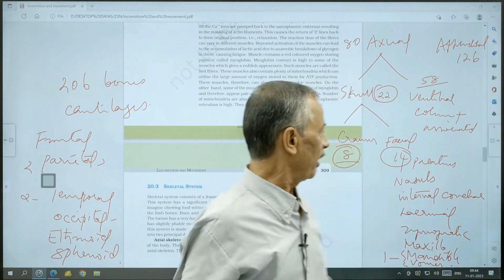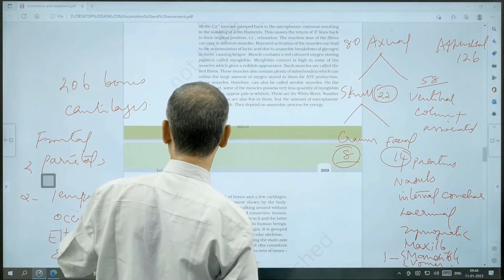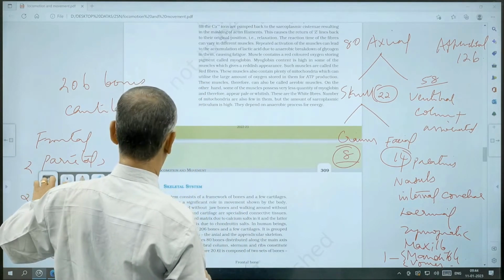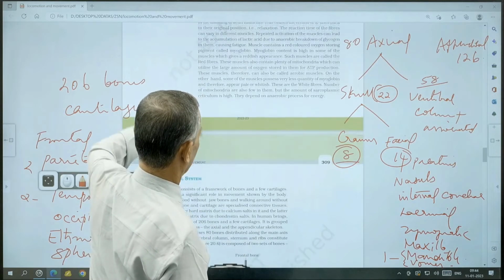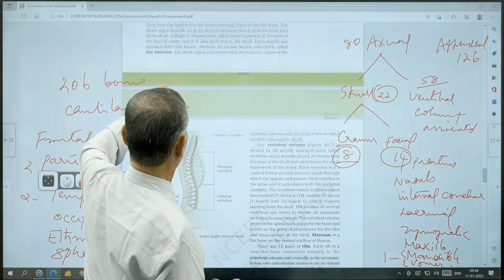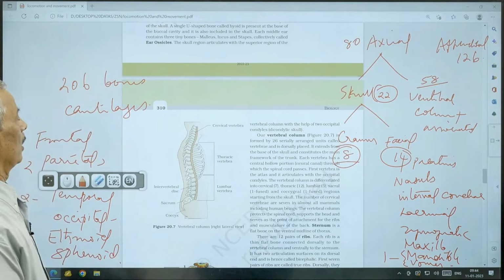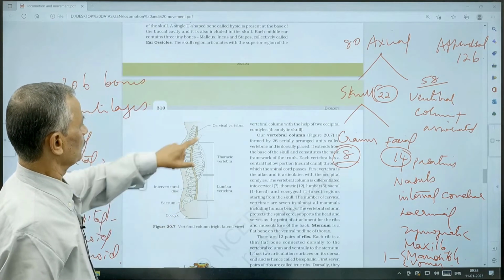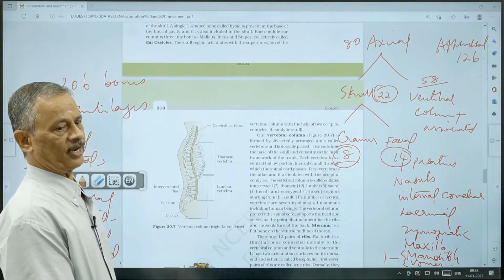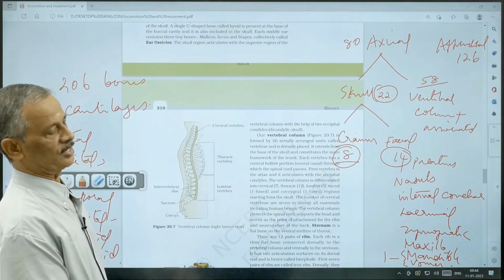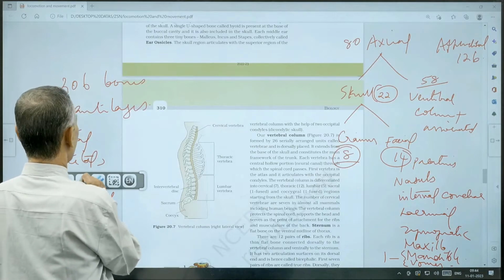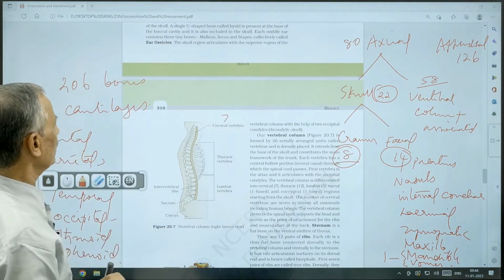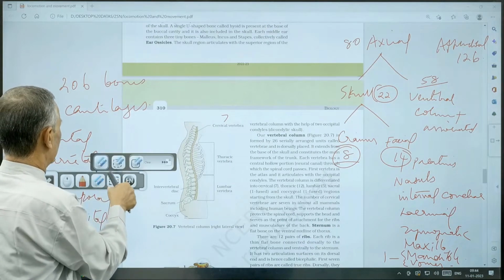These vertebrae are all placed in 5 positions. Cervical vertebrae, present in the neck region. In the neck region, in all mammals, we are having 7 vertebrae in the neck region.